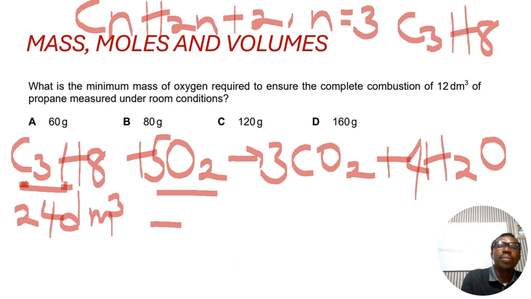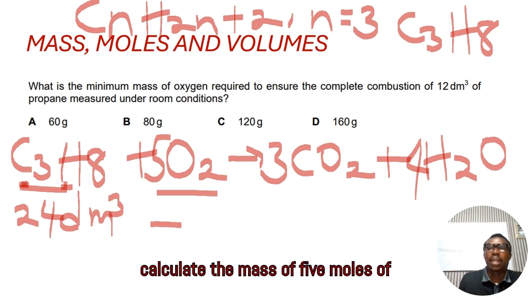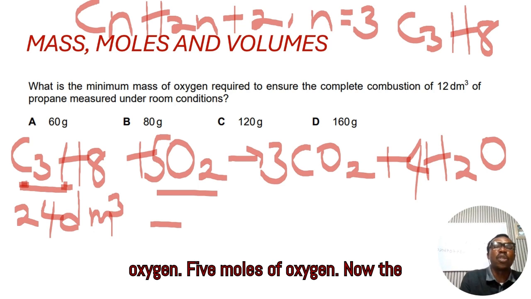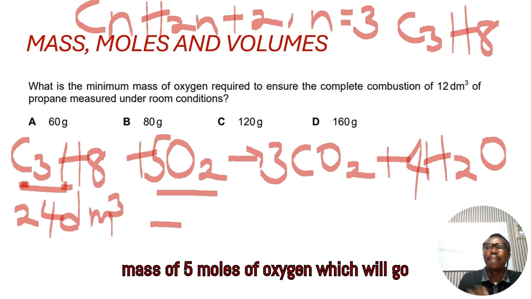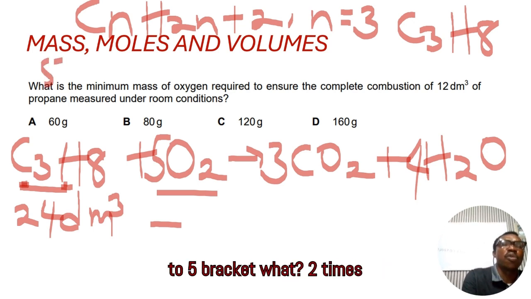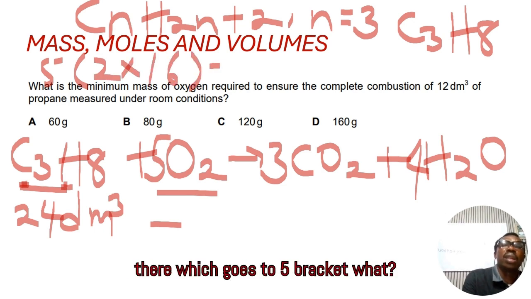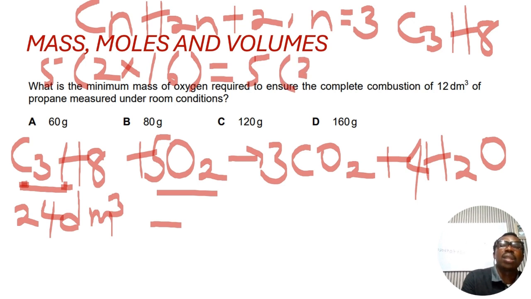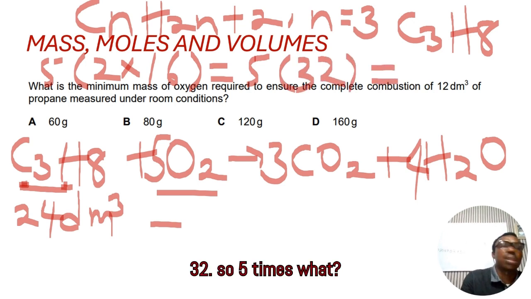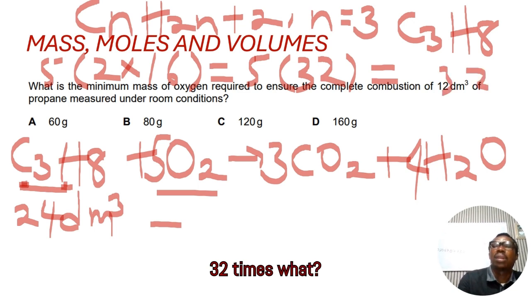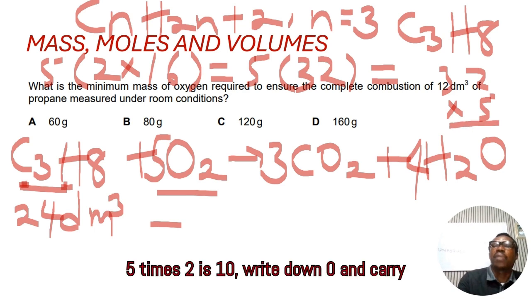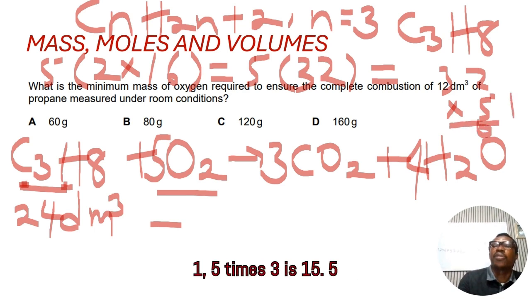5 moles of oxygen. So we're going to calculate the mass of 5 moles of oxygen. Now the relative atomic mass of oxygen is 16. So the mass of 5 moles of oxygen will be equal to 5 times (2 times 16), because we have 2 atoms of oxygen there, which equals 5 times 32. 5 times 2, you write down 0 and carry 1. 5 times 3, 15, plus 1, 16.